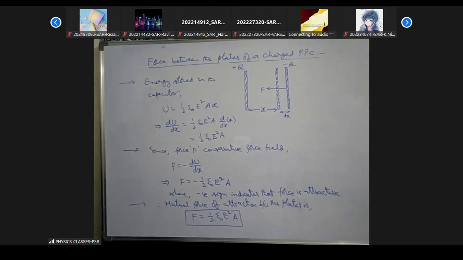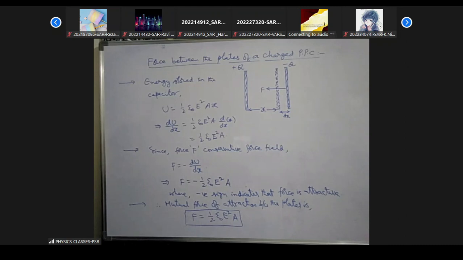Now here, two cases are arranged: constant charge on the plates, and constant potential. That means after charging, the battery is disconnected, an isolated capacitor. If the capacitor is isolated, meaning the battery is disconnected after charging, and the distance between the plates changes, how does the force change?